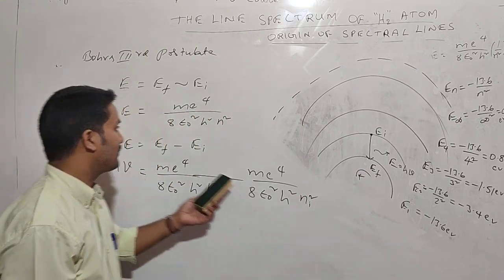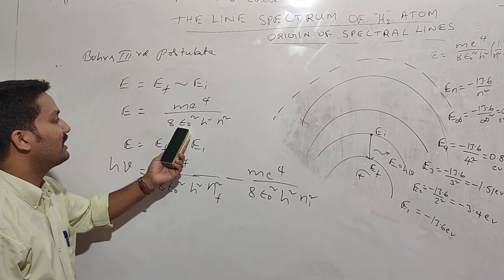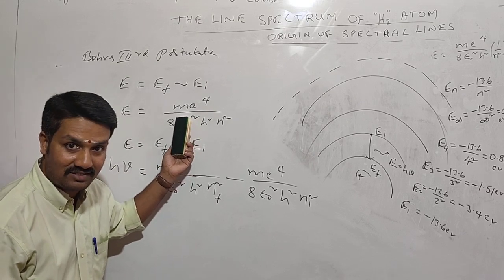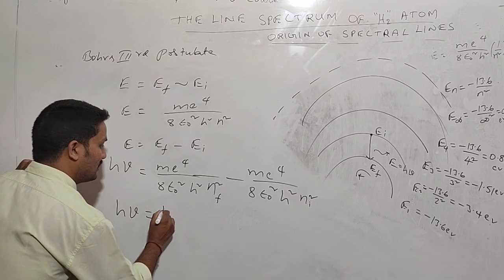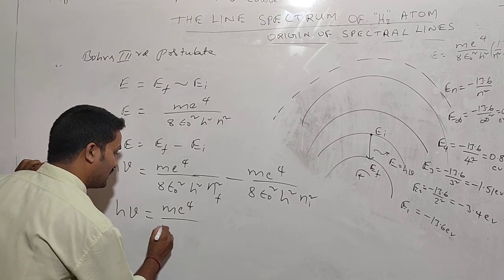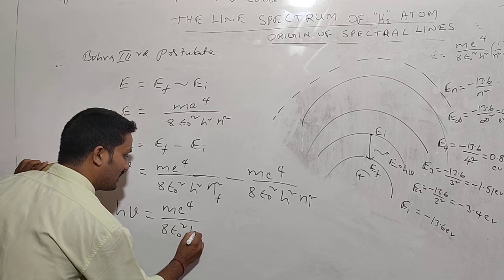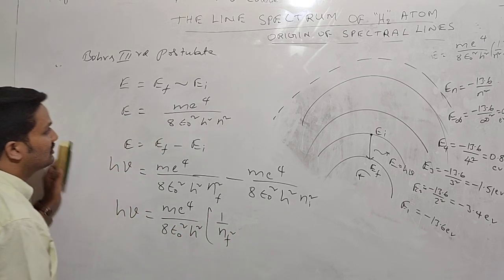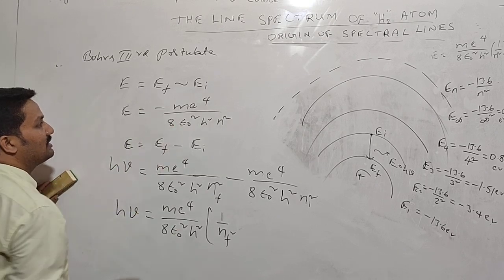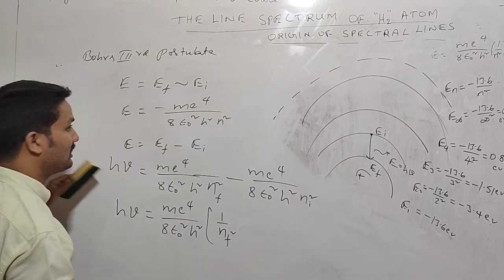Now the common factor is m e power 4 divided by 8 epsilon naught square h square. So h nu is equal to m e power 4 divided by 8 epsilon naught square h square, times 1 by nf square. So here is the formula, E is equal to minus m e power 4, minus.